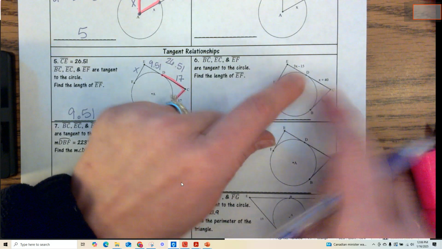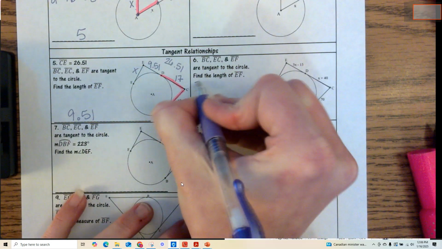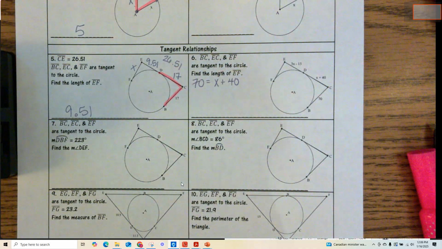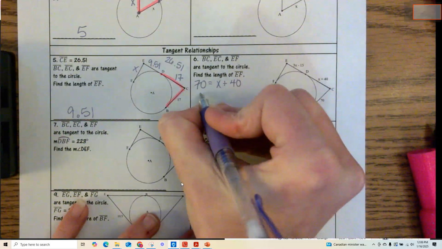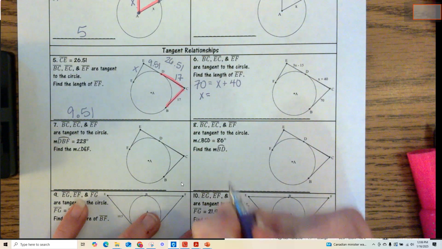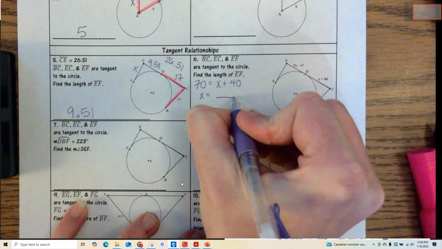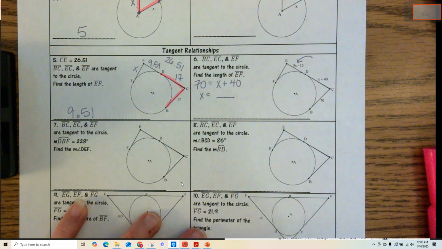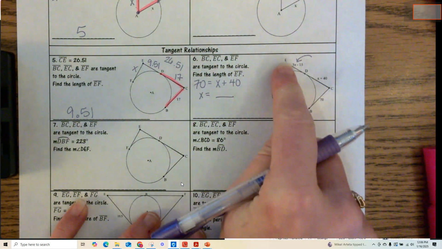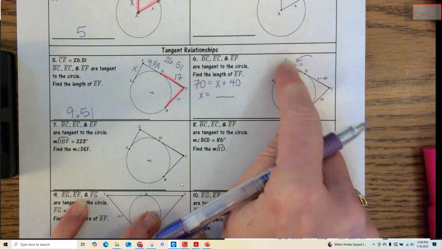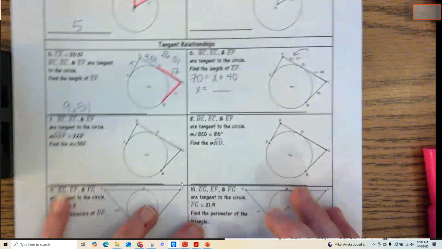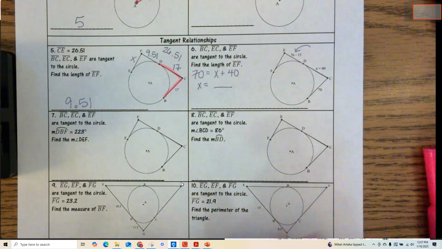Remember, BC is equal to DC, so you can set those equal to each other and find the value of X. Once you find the value of X, you can plug it in this expression and find the length of ED. If you know the length of ED, then you can find the length of EF because they're the same. Okay? You start getting twisted on that one, you let me help you.